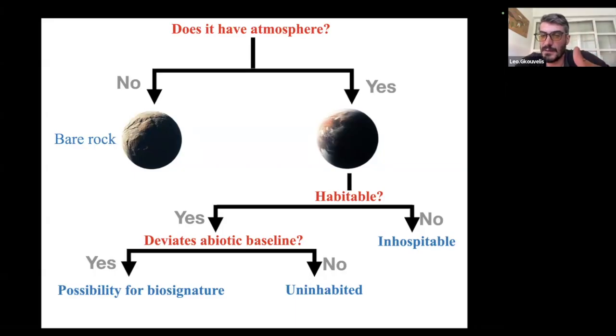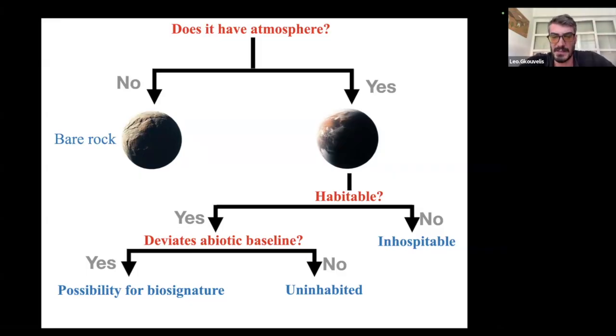If yes, is its climate habitable? Whatever habitability means for you, there is no strict definition of habitability at this point. You can think of the conventional way, if it can have liquid water on the surface, but actually we know organisms on Earth that can survive in very extreme conditions. So there is no strict habitability definition, but if you want to assess the habitability, you need to know physical characteristics of the planet.